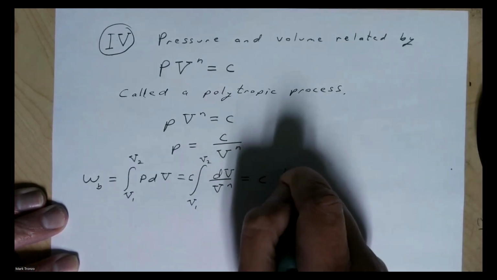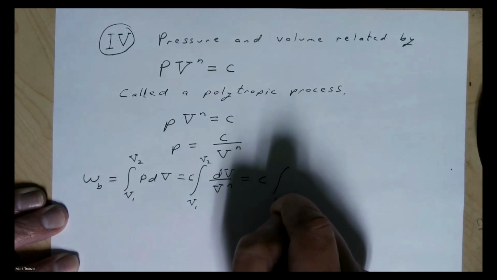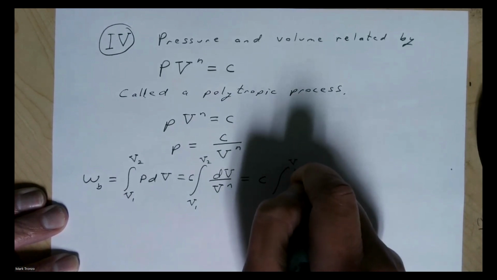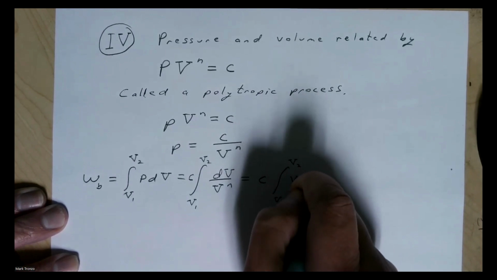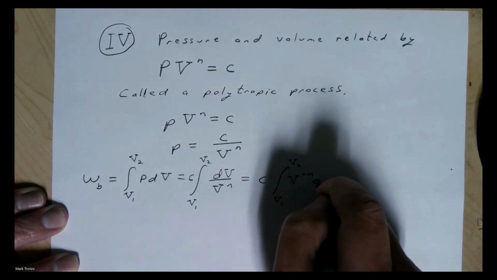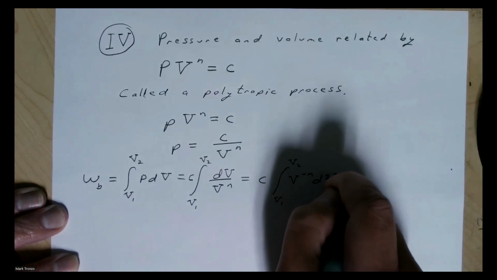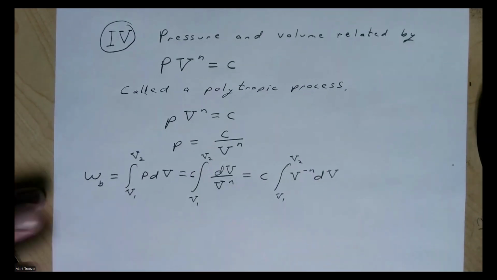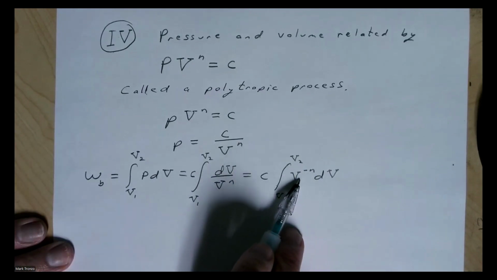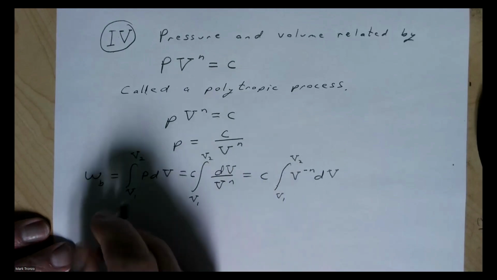And then this is going to be like this. So I brought the V up into the numerator so we can integrate properly. Remember, whenever you integrate this, you always add 1 to the exponent.